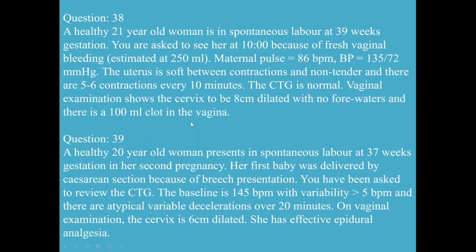What about 39? A healthy 20-year-old woman presents in spontaneous labor at 37 weeks of gestation in her second pregnancy. The first baby was delivered by C-section because of breech presentation. You have been asked to review the CTG. The baseline is 145 beats per minute with variability of more than 5 beats per minute, and there are atypical variable decelerations over 20 minutes.